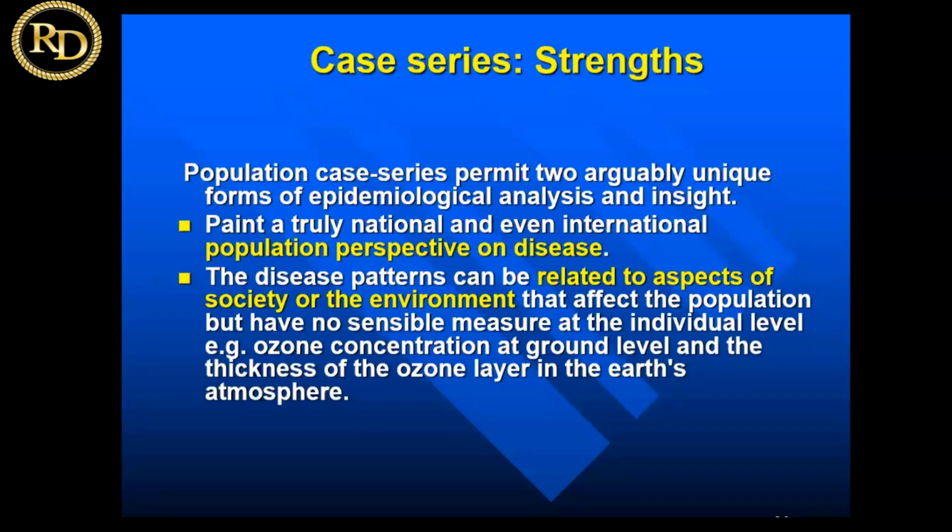Secondly, disease patterns can be related to aspects of society or the environment. For example, ozone concentration at ground level and the thickness of the ozone layer in the Earth's atmosphere. So here another correlation is also coming up.